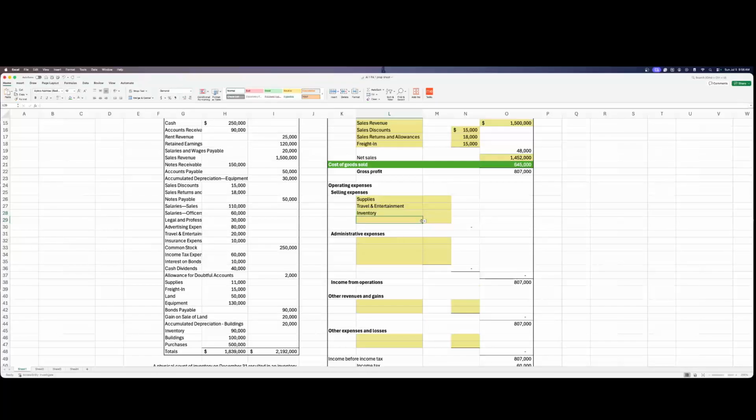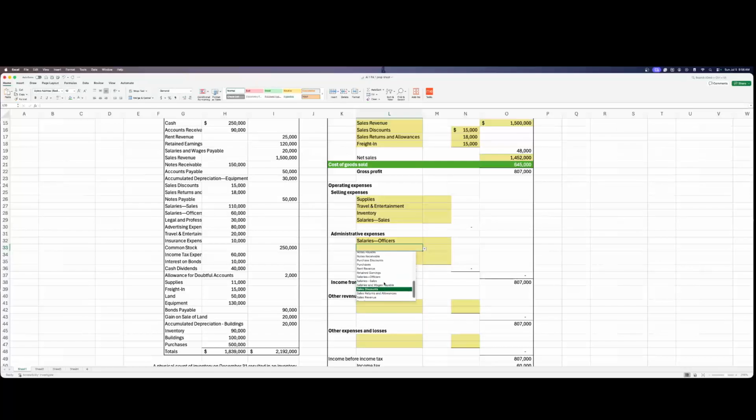Possible inventory expense, although I could be wrong. Administrative, you're most likely going to see wages and salaries for sales. In the administrative, you're going to see the salaries for the officers.